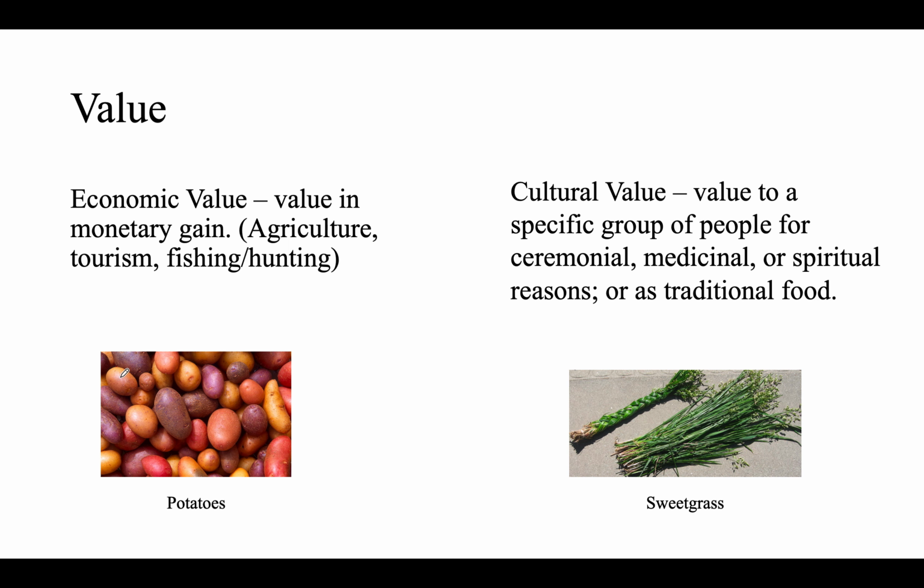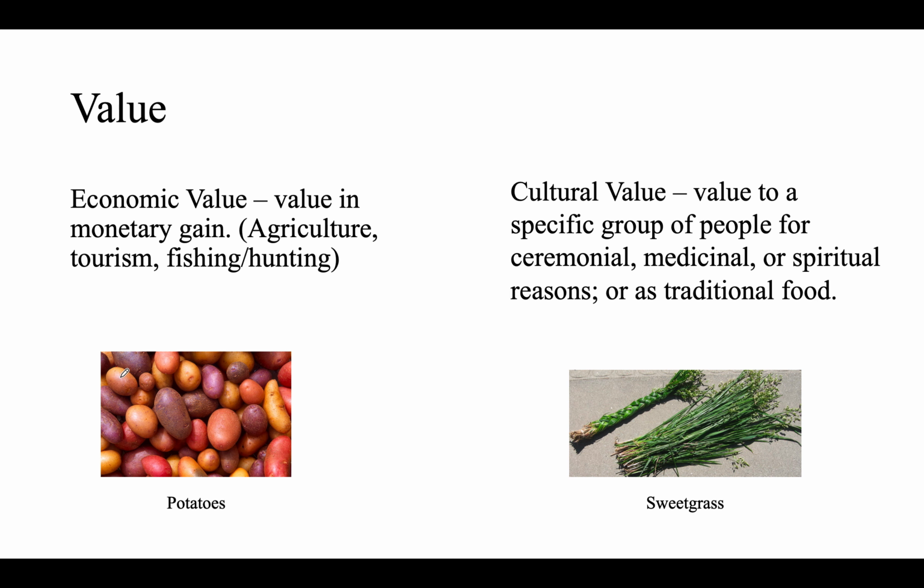So just another thing to help you with your species research poster, just a little bit about value. There are two types of value that we're going to talk about that you can include in your poster. There's economic value of a species, which means that the species can generate some sort of monetary gain for humans.